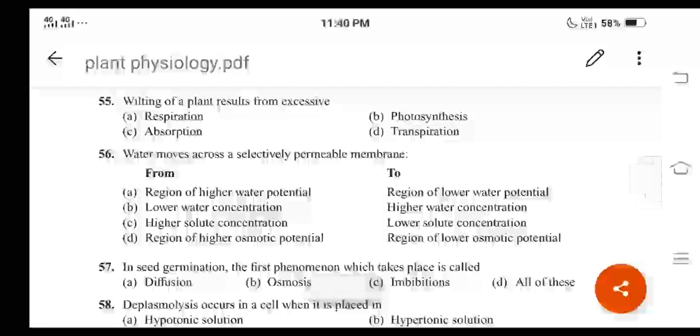When we see all these four statements, for question number 56, A becomes the correct answer. Water moves across a selectively permeable membrane from a region of higher water potential to a region of lower water potential. Option A is the correct answer, right?